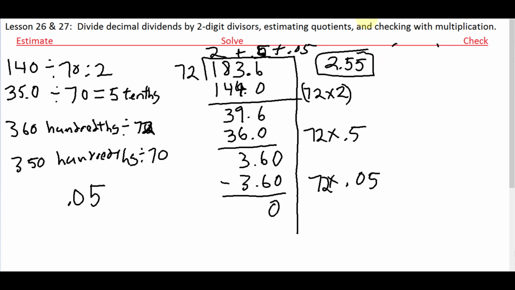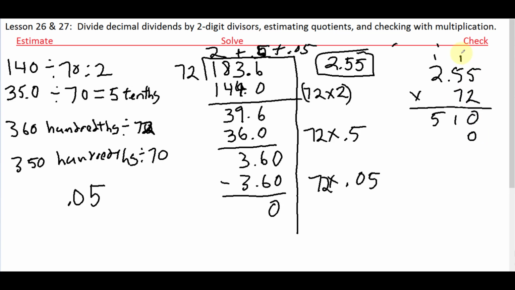A quick check. We have 2 and 55 hundredths times 72. We have 10, 10 plus 1, 11. 2 plus 2 times 2 is 4, plus 1 is 5.